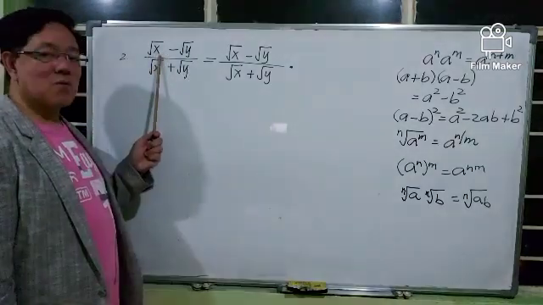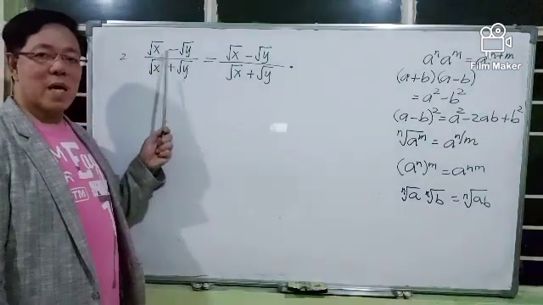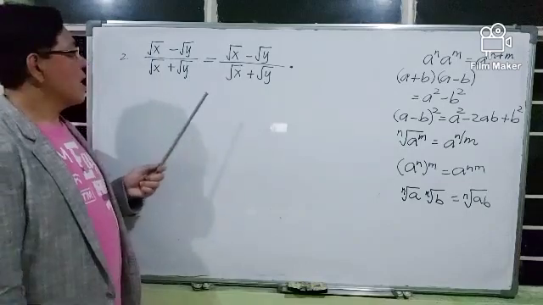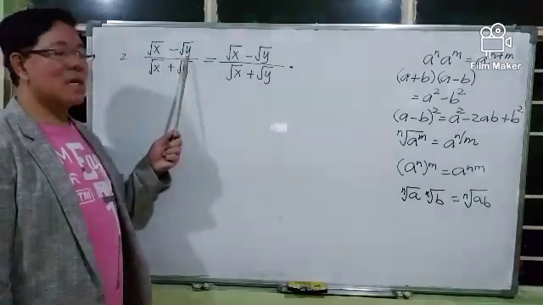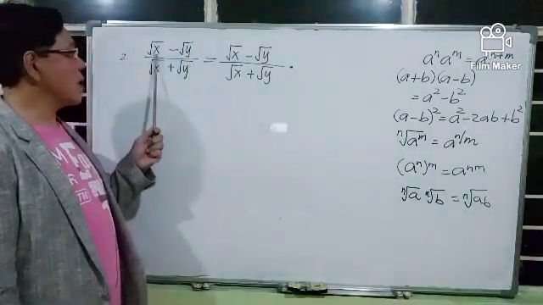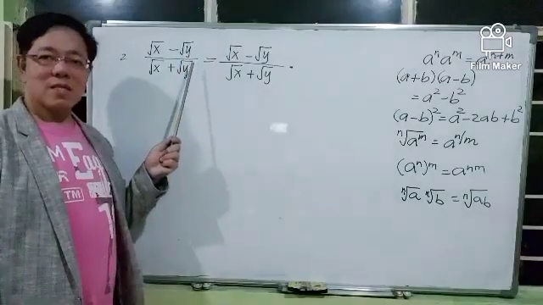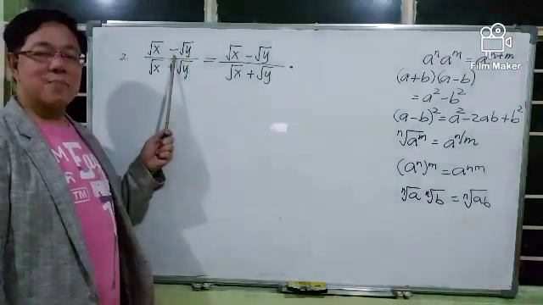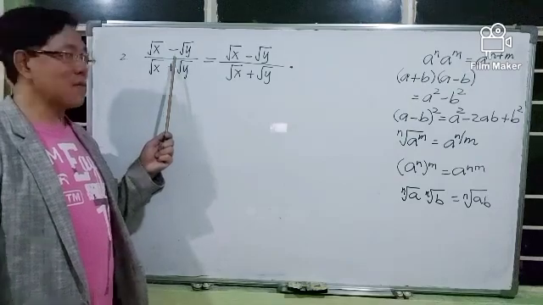The conjugate of square root of x minus square root of y has the same first term and second term, square root of x and square root of y, but the sign between them is positive instead of negative.